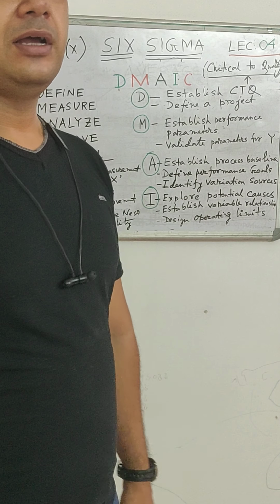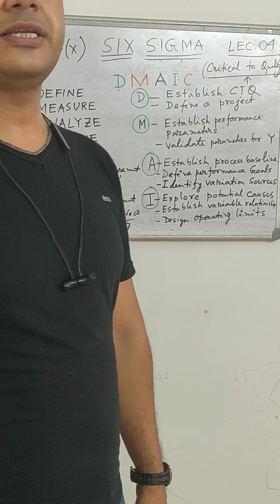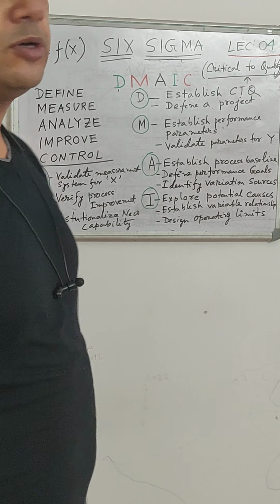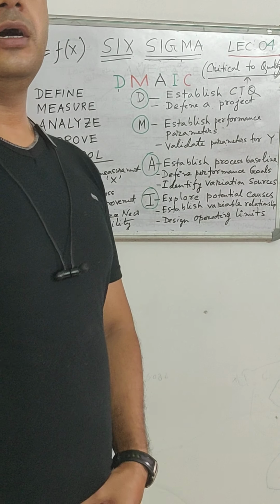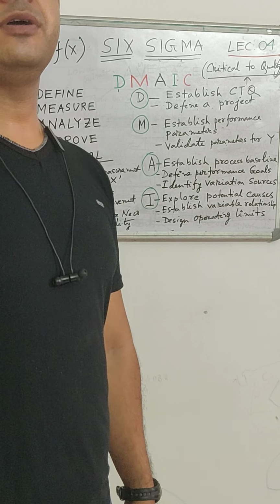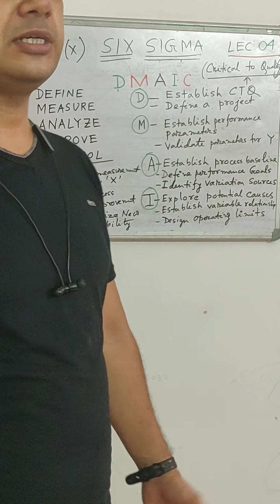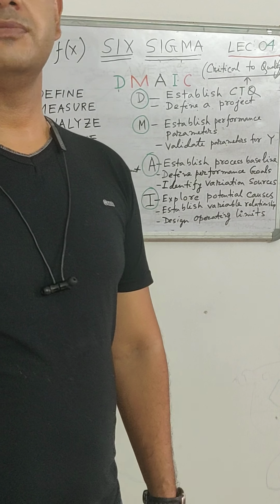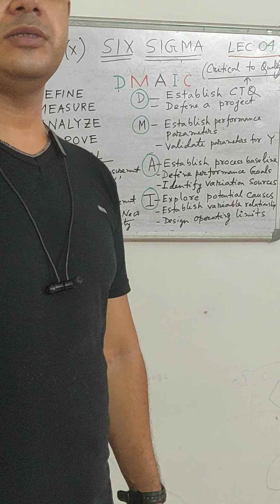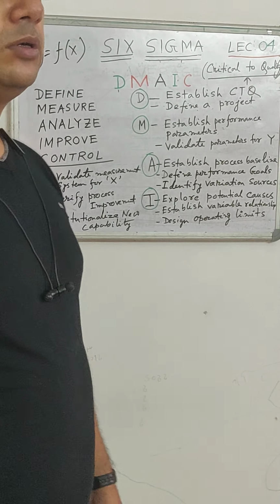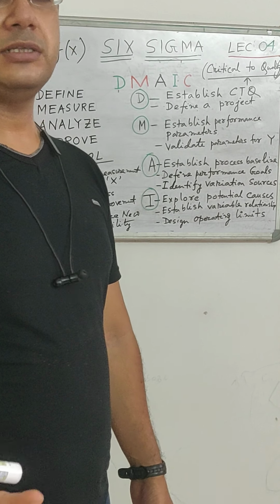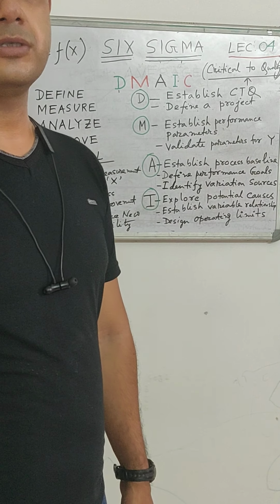for Six Sigma. Already in the earlier three lectures we have discussed what is Six Sigma, why Six Sigma, what is the benefit of running Six Sigma in our processes, manufacturing or service industry, what Six Sigma means, what sigma means, what is average. So if you want to know all these things, you go through our earlier videos.